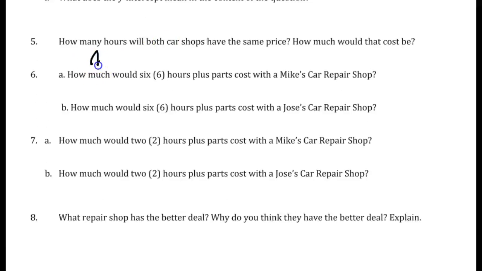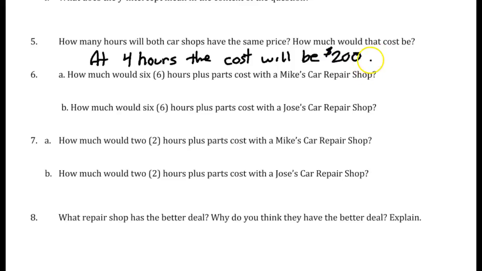So you can say, 4 hours, the cost will be $200. You don't have to use the exact same words, but use capitalization, punctuation, full sentence. Don't just say 4 hours, $200. Actually put at 4 hours or after 4 hours, the cost will be $200.